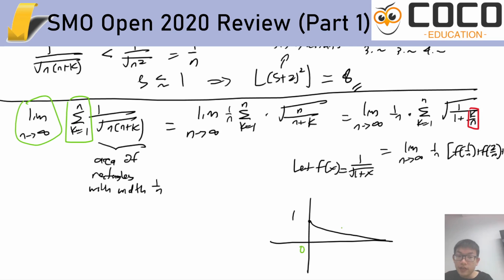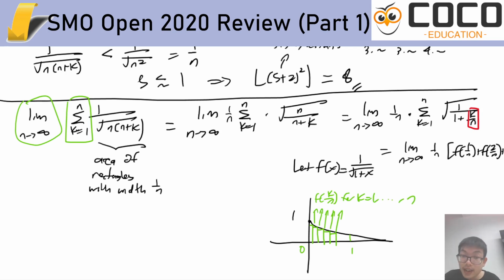If this is at 0 and let's say this is at 1, then f of 1 over n, f of 2 over n, f of 3 over n, and so on, is the area of many small rectangles where all of these heights are f of k over n for k equals 1 to n.